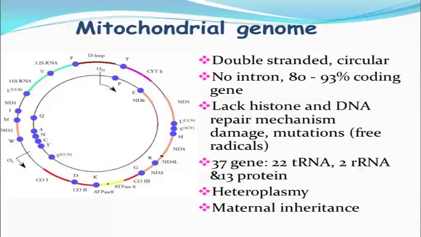The percentage of the mutant mitochondrial genome is called heteroplasmy. The heteroplasmy level has to be high enough to cause disease. In many situations, the heteroplasmy level needs to be greater than 40% in order to develop mitochondrial disease. And mitochondrial disease is maternally inherited.